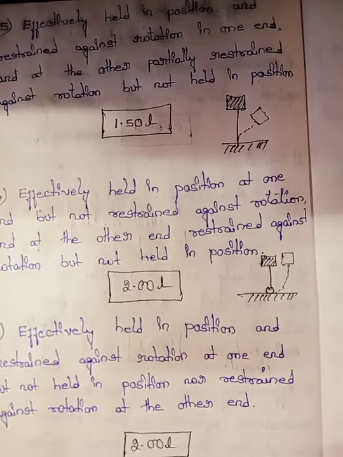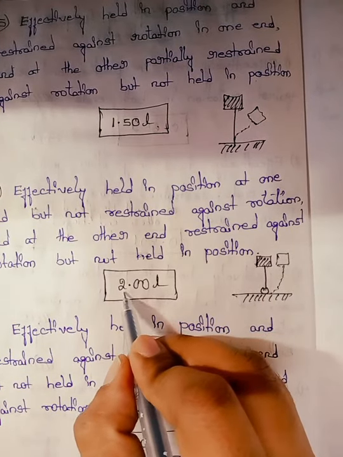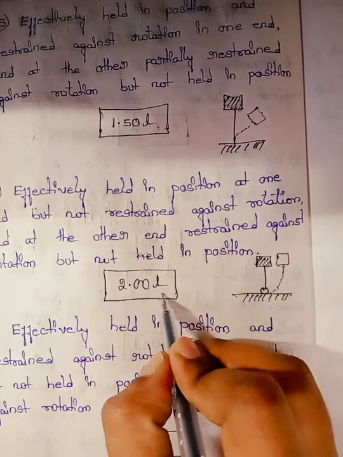Then the effective length for that compression member is 2.00 L.